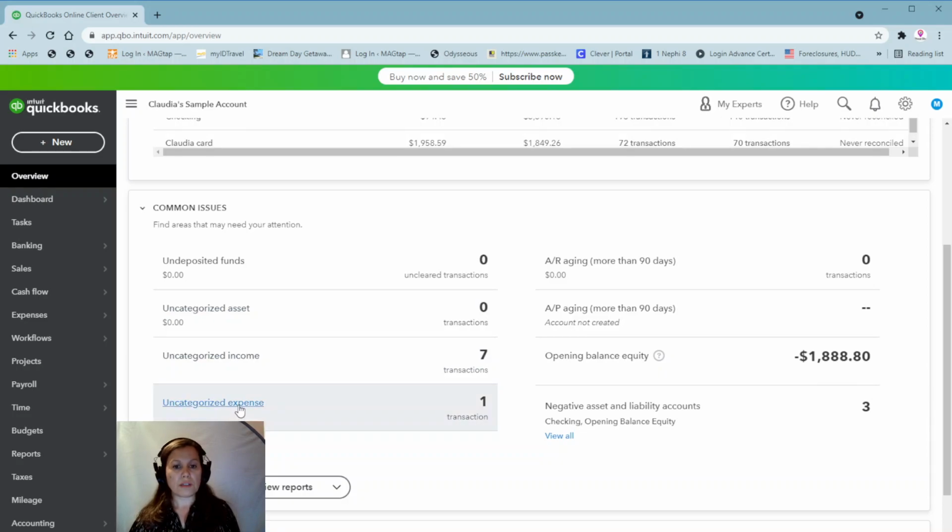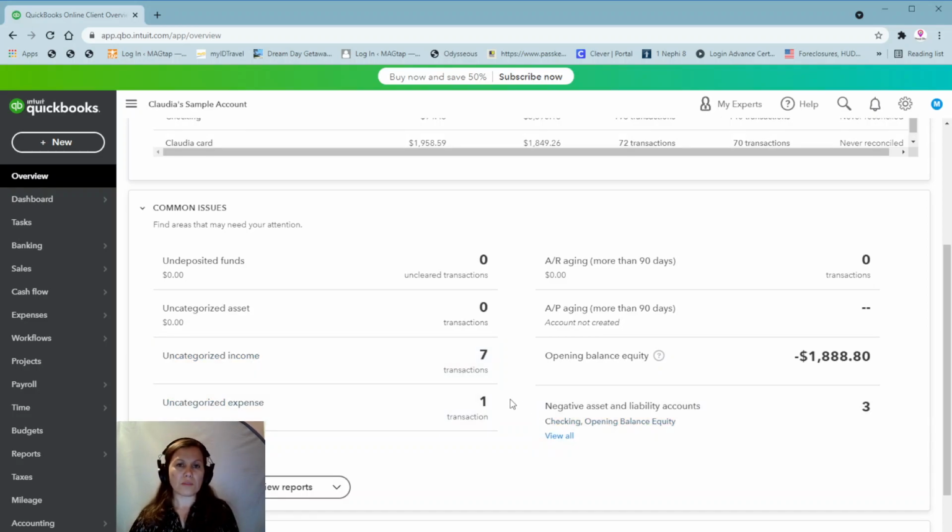Uncategorized expense, usually if there are any checks, there are no details on the checks in QuickBooks. So we may put in uncategorized expense, and then we reconcile the account to make sure everything is matching. And then we do reach out to the business owner to verify what those transactions are. Now, with uncategorized income, you do not want to add them just to reconcile the account.